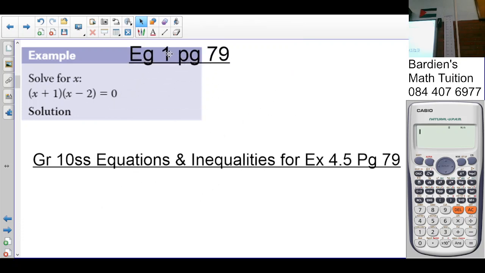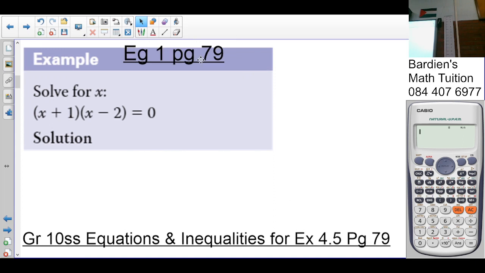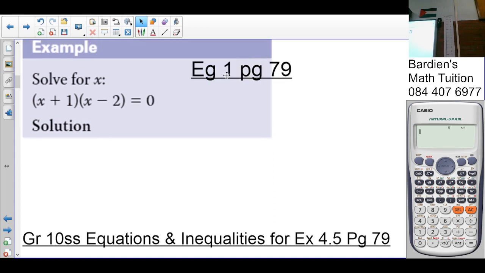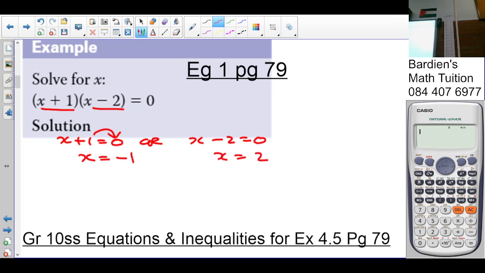So as we can see here in this example, our terms are already factorized. The trinomial is factorized already. So what we do is, we know that x plus 1 is equal to 0, or this factor, one of the two must be equal to 0 for that sentence to be true. Okay. So now it just becomes a matter of solving the linear equation. So x equals negative 1 or x equals 2.